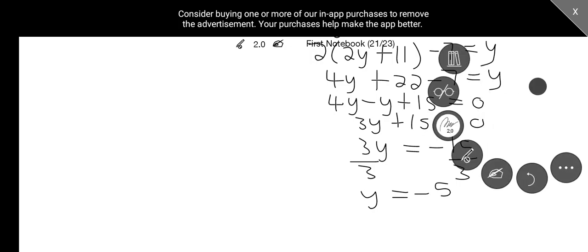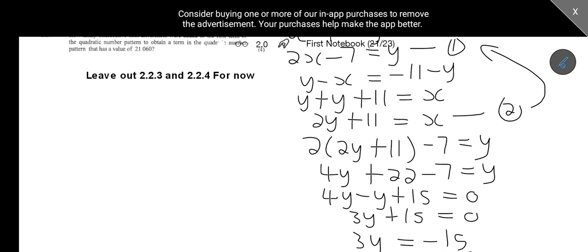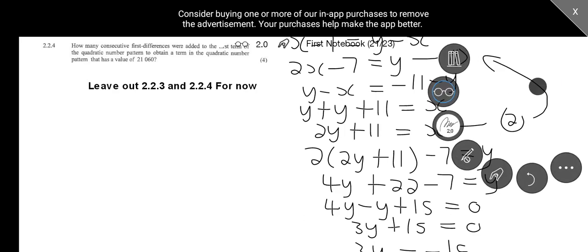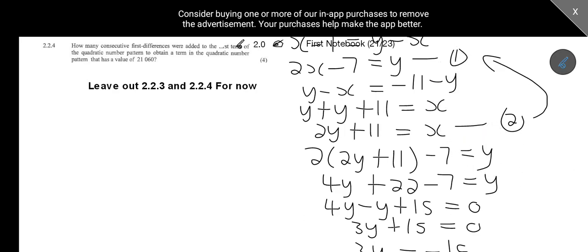So now we have solved for y. We're going to go back to either the second equation or the first equation. Let's plug in the second equation, which was given as 2y plus 11 is equal to x. But because we have solved for y, we can now solve for x.